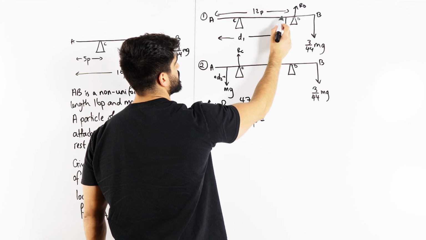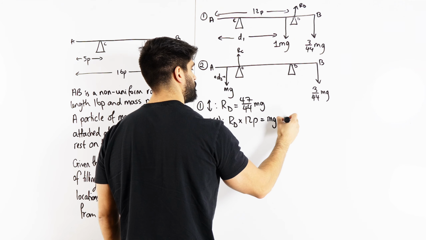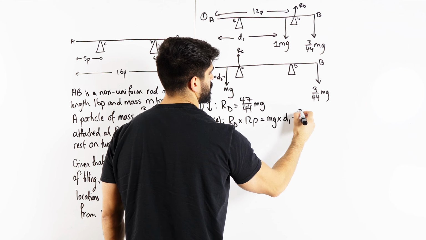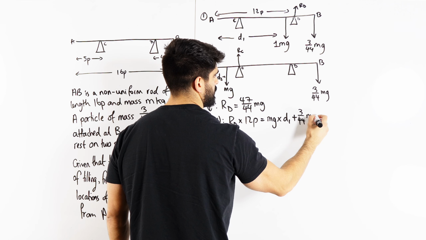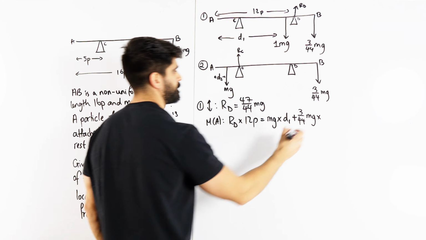Equals this distance times 1 mg, which we just called d1, and the full length times 3 over 44 mg. Now the full length is 16p.